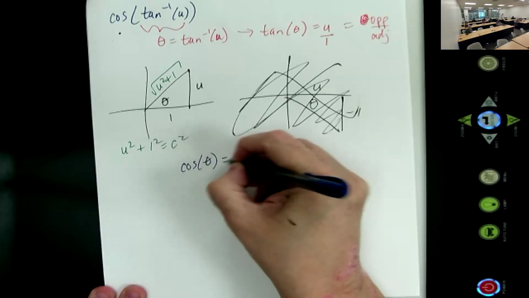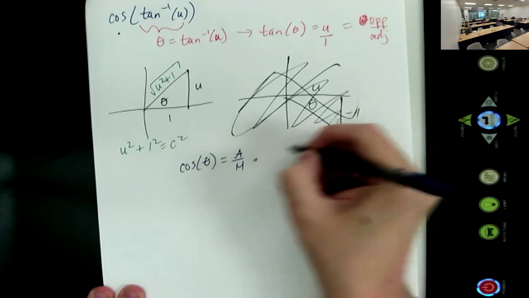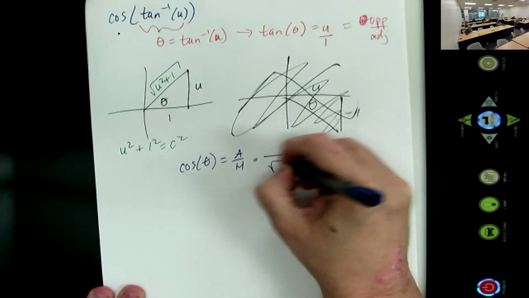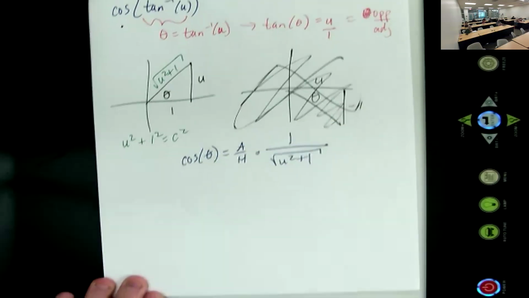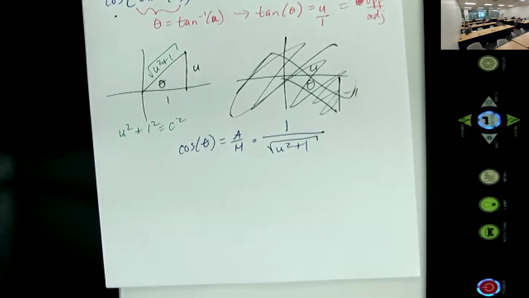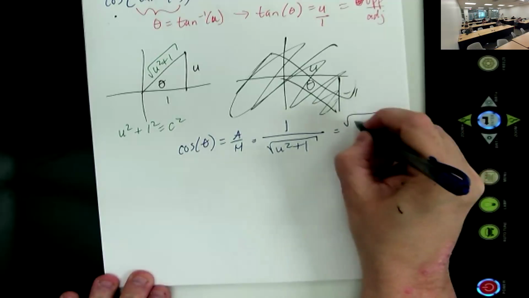Cosine of theta is adjacent over hypotenuse. 1 over square root of u squared plus 1. And if we wanted to rationalize it, we multiply the top and bottom by the square root of u squared plus 1.